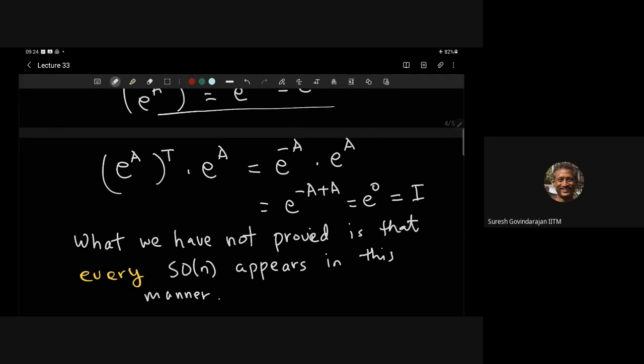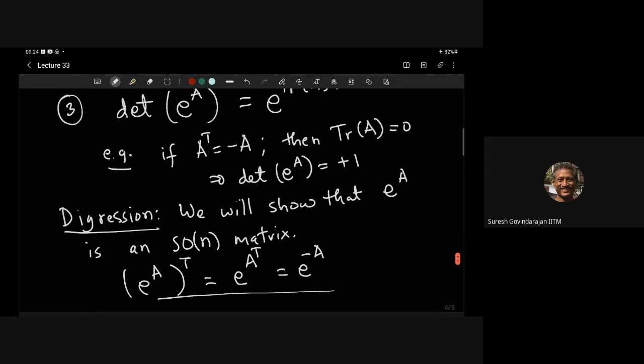So this is a claim. What we have shown is that if A is an antisymmetric n by n real matrix, then e power A is special orthogonal. But we have not proven that all special orthogonal matrices are of this form. So I'm claiming this without proof. If it's a math course, I think we would have proved it, but here, as physicists, this fact is important for us. Is this point clear?